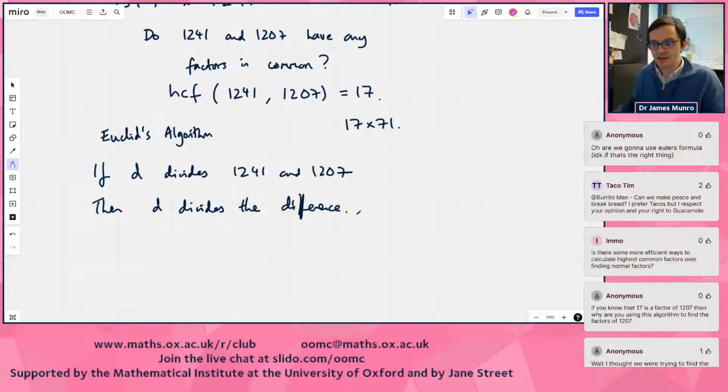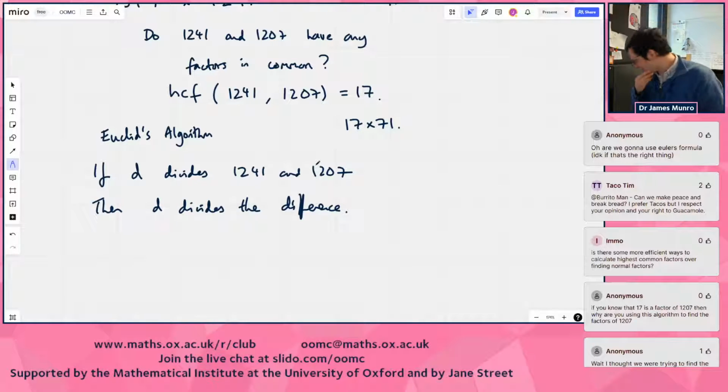But maybe you can see here that without factorizing these two numbers, if you're just looking for the highest common factor, then you can do this kind of detective game called Euclid's algorithm, where you go, well, if D divides both of these numbers, if they're both a multiple of D, then the difference between them is also a multiple of D, right? On the number line, the multiples of D come in regular chunks, and this is a certain number of chunks ahead.